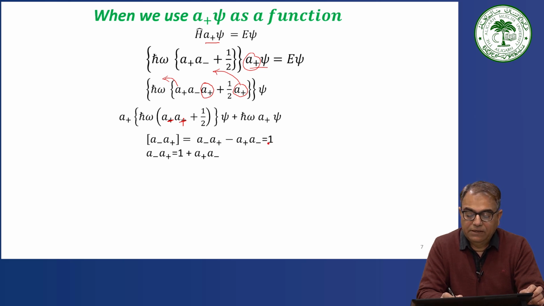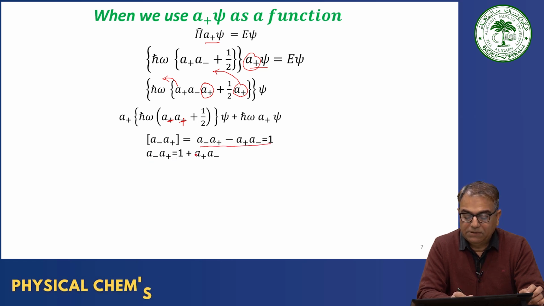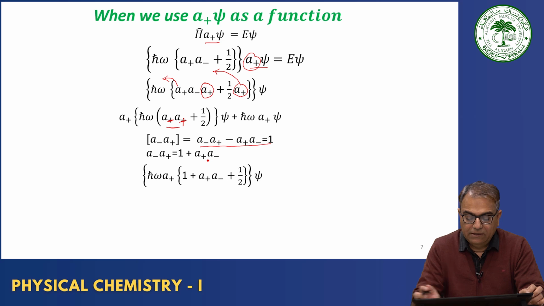If you use this relationship, then A minus A plus becomes 1 plus A plus A minus. So this A minus A plus will be replaced, and now you can write 1 plus A plus A minus plus half, times psi.